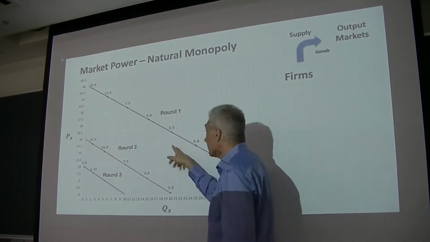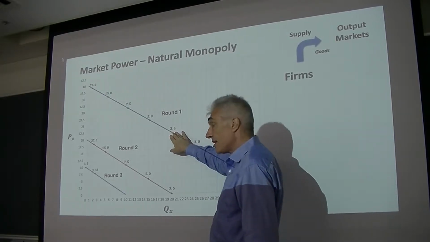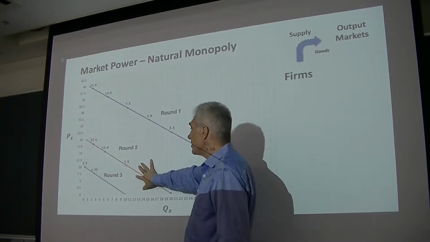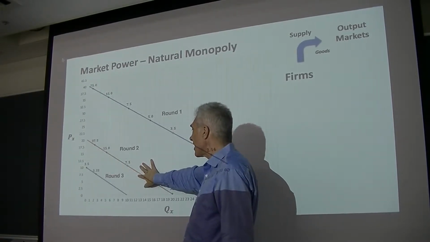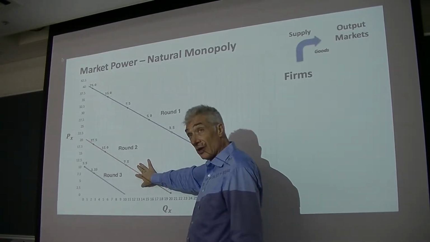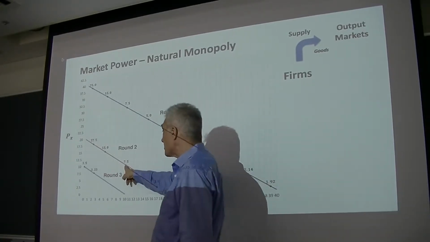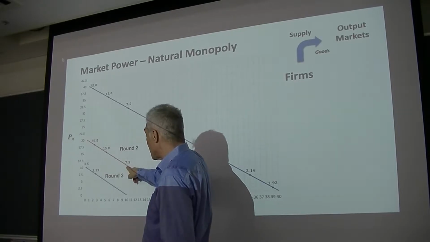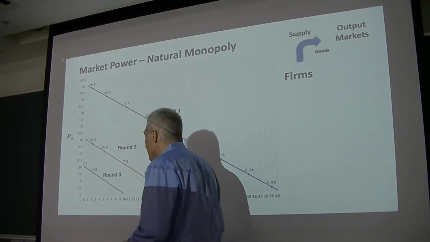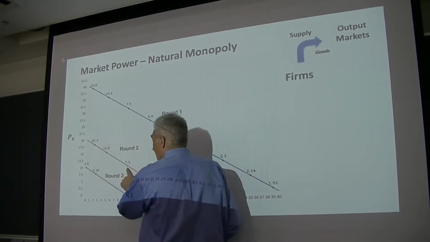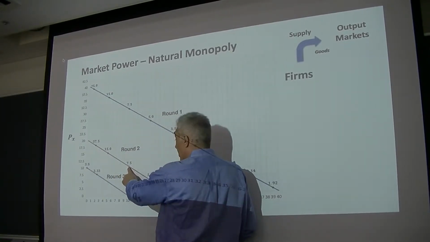Firm 1 is a monopolist. Firm 2 has market power because it also faces a downward sloping demand curve. They maximize their profits at an output of 10, at a price of 10, that yellow point, which is their optimal point.